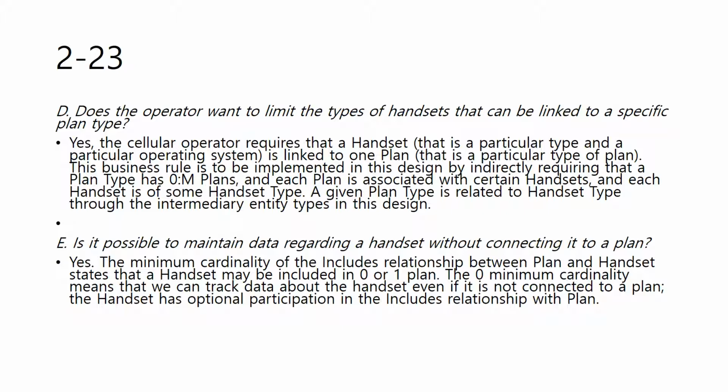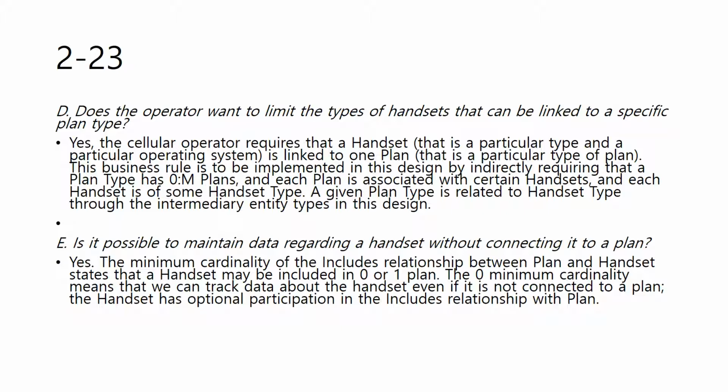Problem D. Does the operator want to limit the type of handset that can be linked to a specific plan type? Yes. The cellular operator requires that a handset that is a particular type and a particular operating system is linked to one plan. That is a particular type of plan.